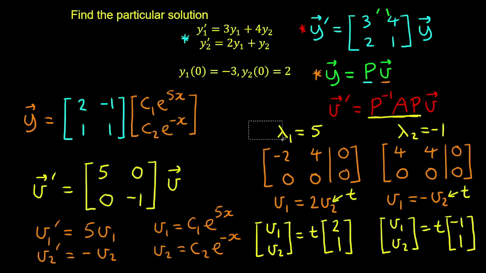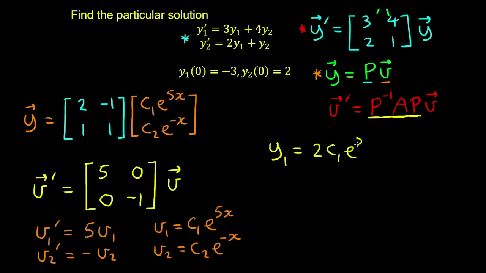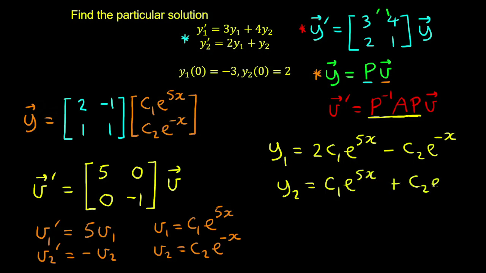And now let's make some room over here. So multiplying this out, we have y1 is 2c1 by e to the 5x minus c2 by e to the minus x, and y2 is c1 e to the 5x plus c2 e to the minus x.